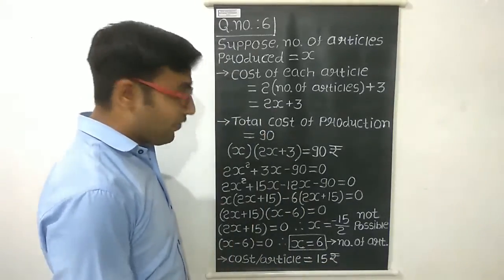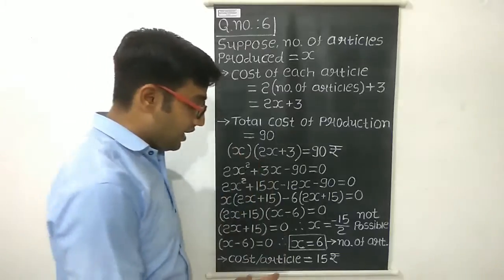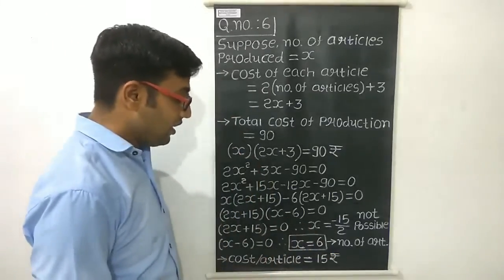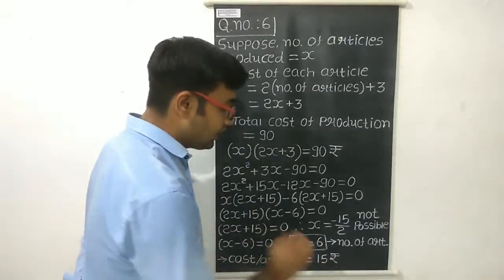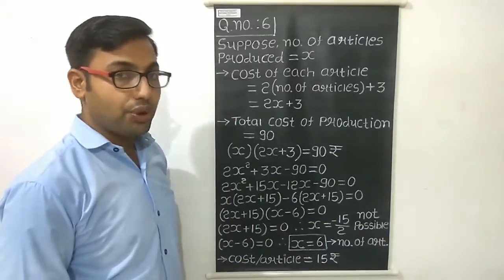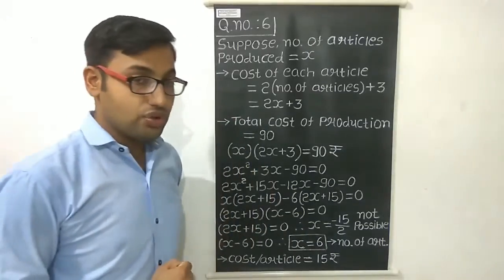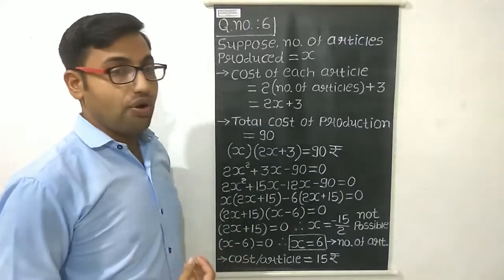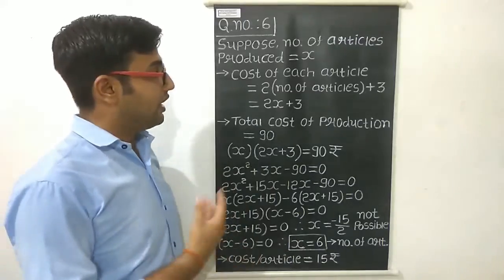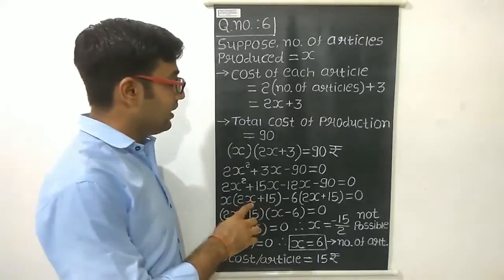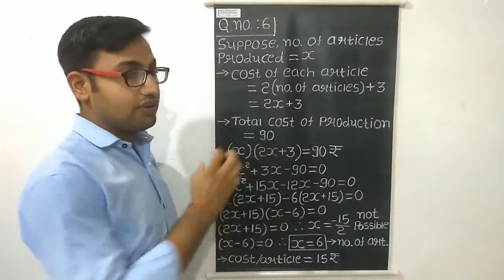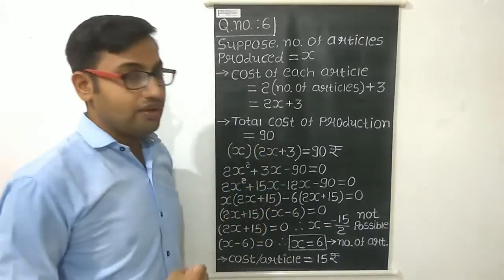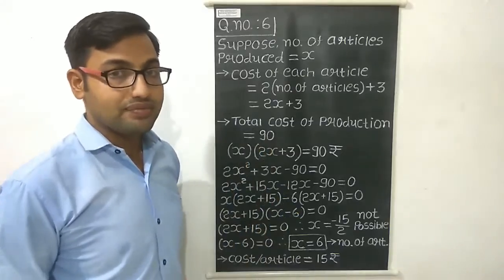In this way we can solve word problems on quadratic equations by forming the quadratic equation from the given situation and solving it by the factorization method. Okay, thank you.